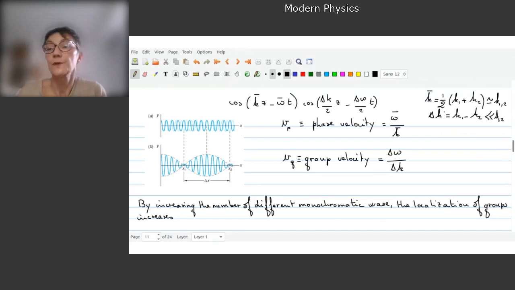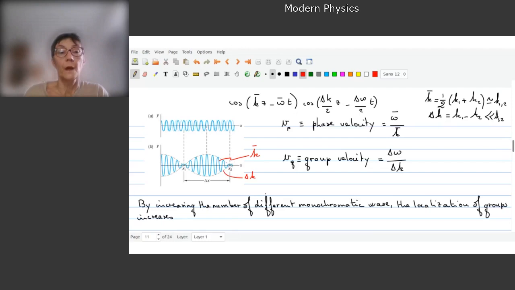This is the small wave number, and a small wave number means a larger wavelength. So the larger wavelength is the envelope, associated with delta k, and the smaller wavelength is associated with k bar.